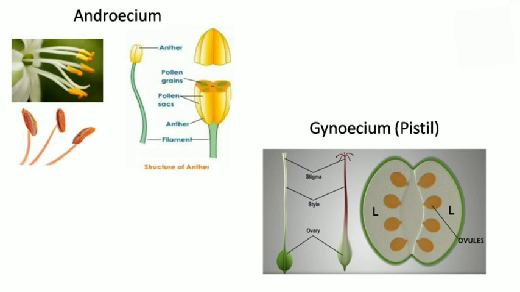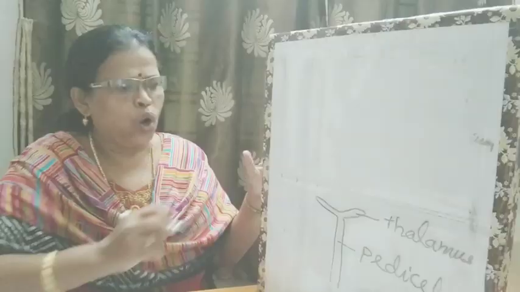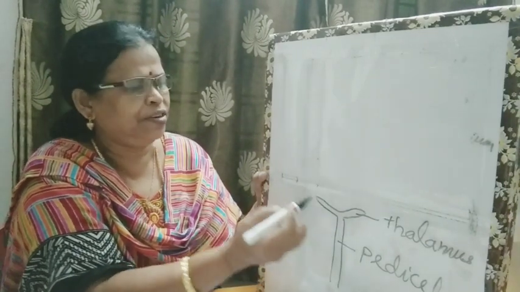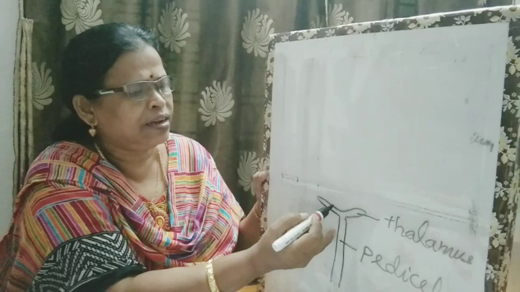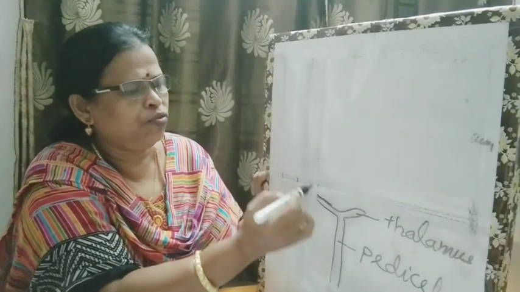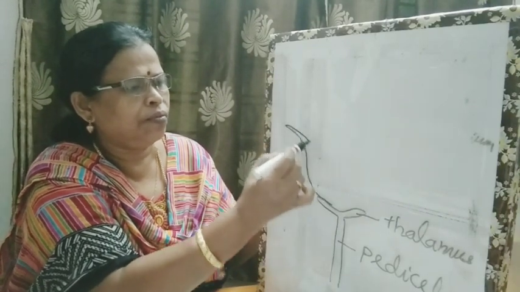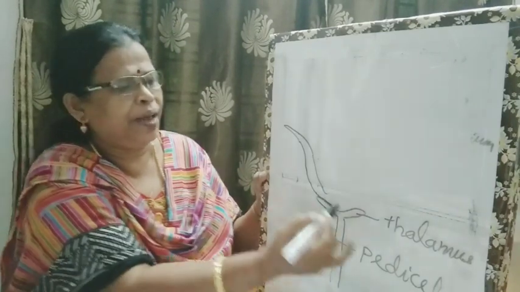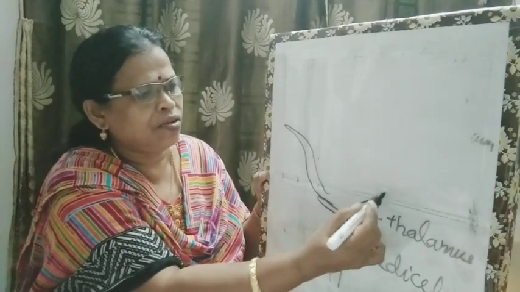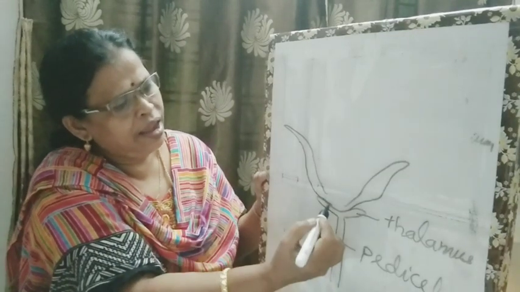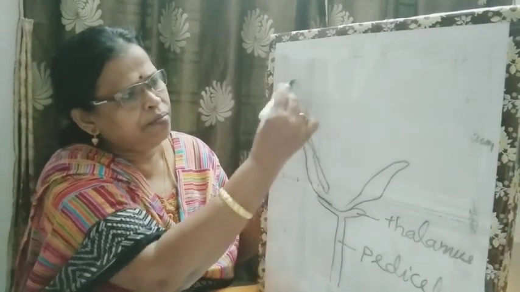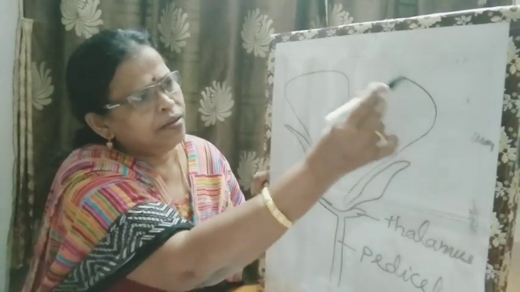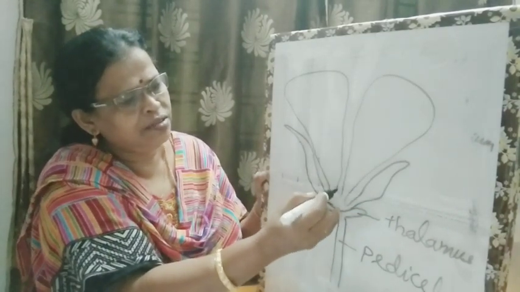The floral parts are borne on the thalamus. Let's see the thalamus or receptacle, and you can draw the diagram of calyx, or it is called sepal. Here also you can draw sepal, and coming to petal, yes.